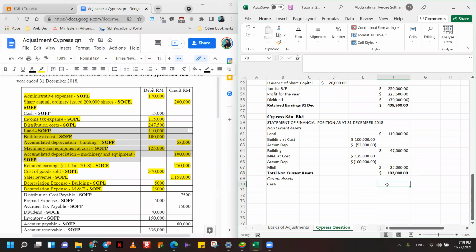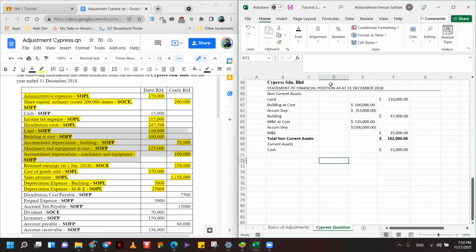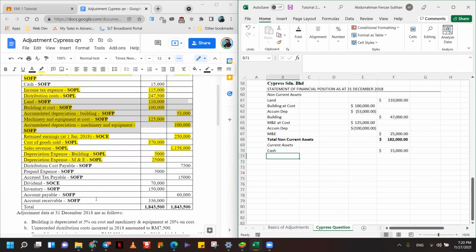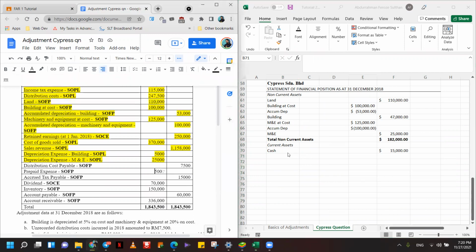Cash, how much is the cash? 15,000, correct? What comes next? What is the next current asset? Receivable. How much? 336.